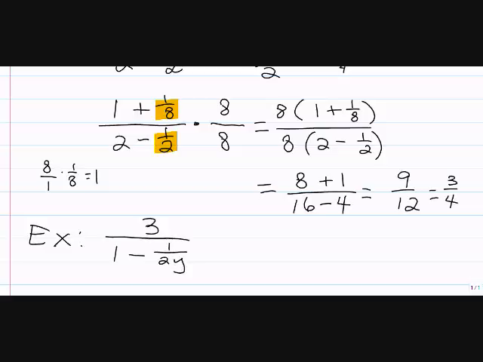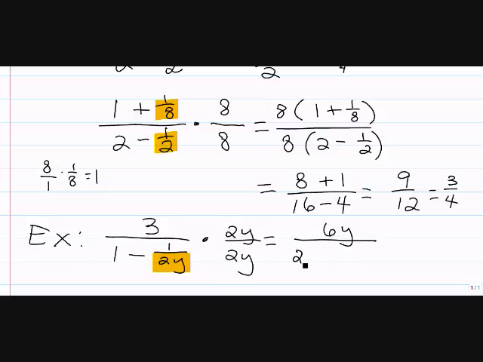Now, I look at all my fractions. I only have one fraction in here. It only has one denominator, so my common denominator for all my fractions is 2y. So I'm going to multiply this fraction by 2y over 2y. Numerator, 3 times 2y is 6y.